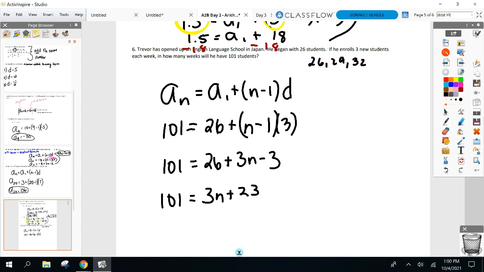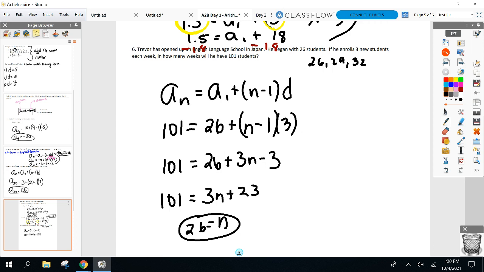How many weeks? 26. Ooh, 26 weeks. Questions on how I use that formula before we get to the last one?